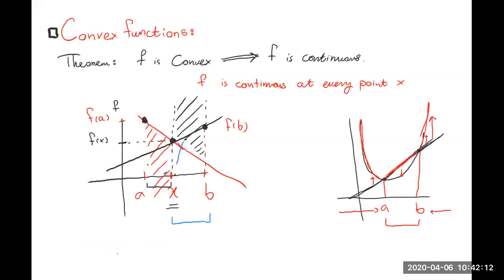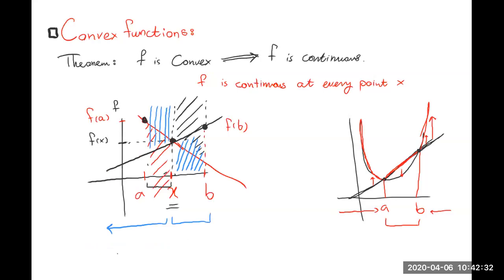So the graph of the function should be here. And whenever I go outside of the interval XB, the function should be above this line. So the graph of the function should be here.